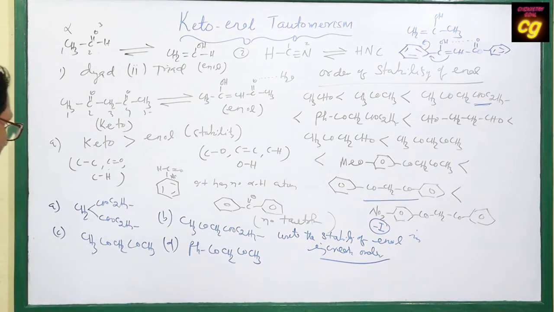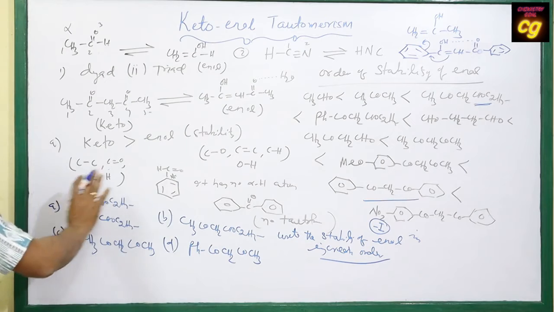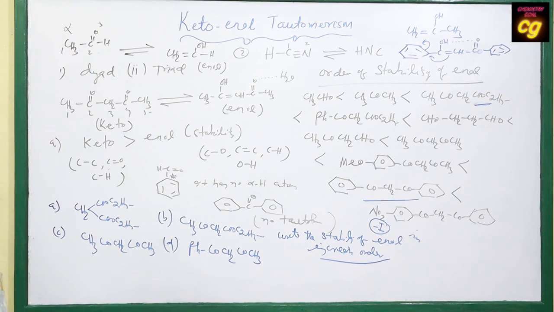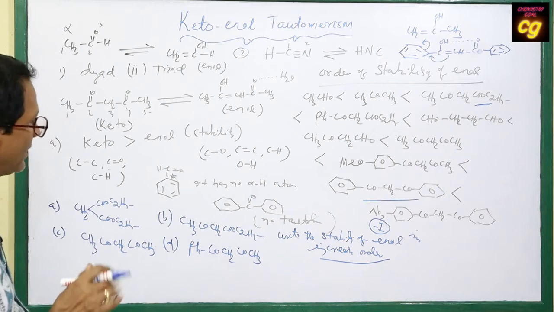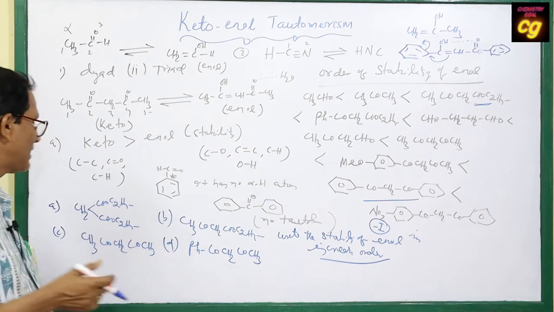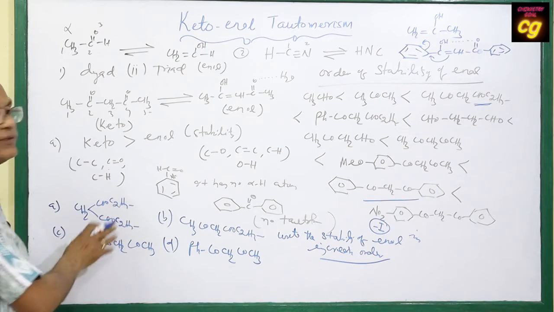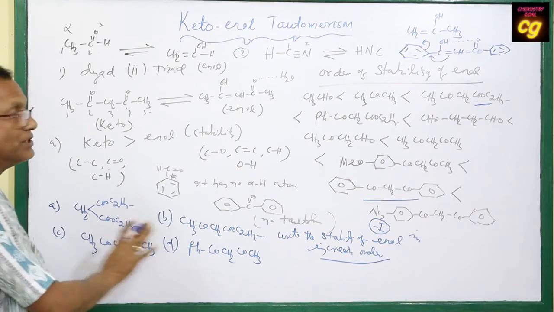You have to write the stability of the enol form of these A, B, C, D in increasing order. You write the answer in the comment box. Next class we will discuss the answer regarding the stability of the enol form of A, B, C, D.